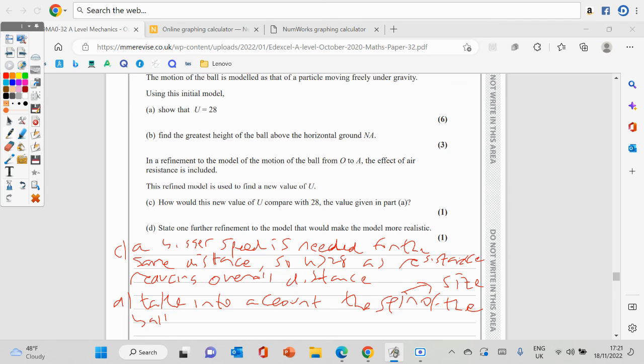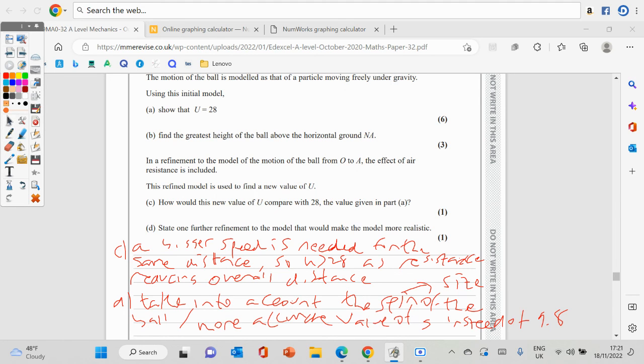You could also write a more accurate value of g, instead of using 9.8 all the time. That's also fine as well.